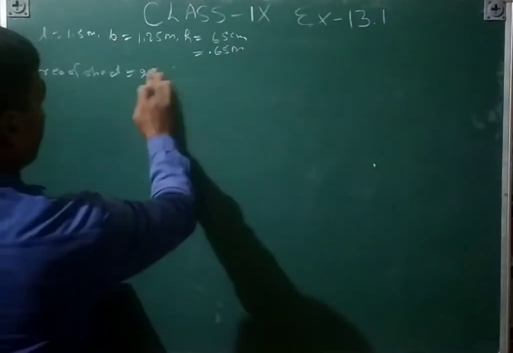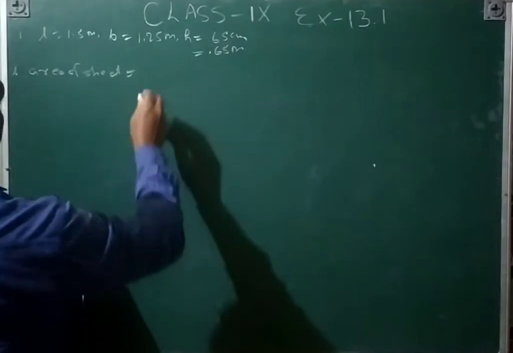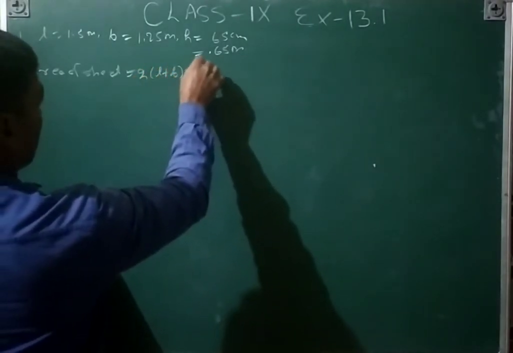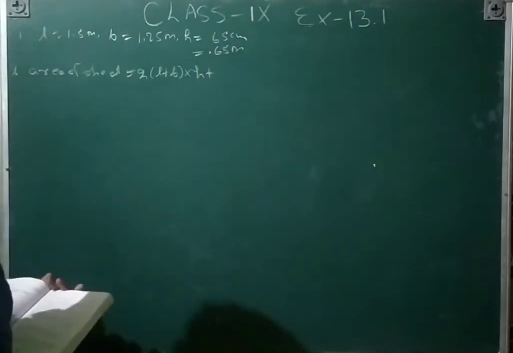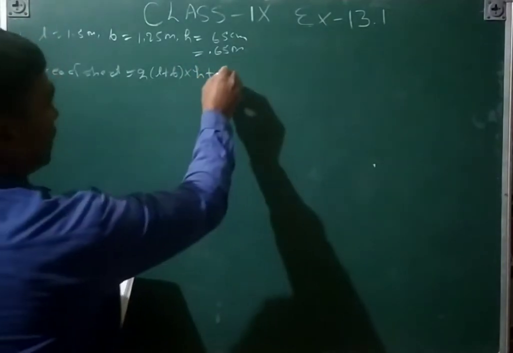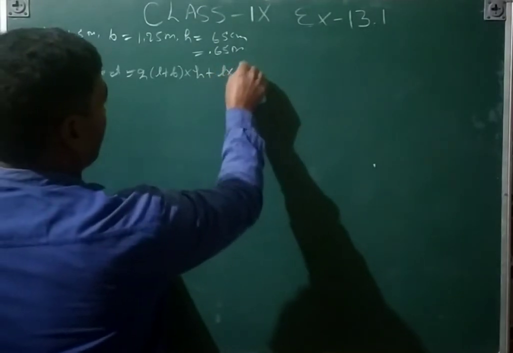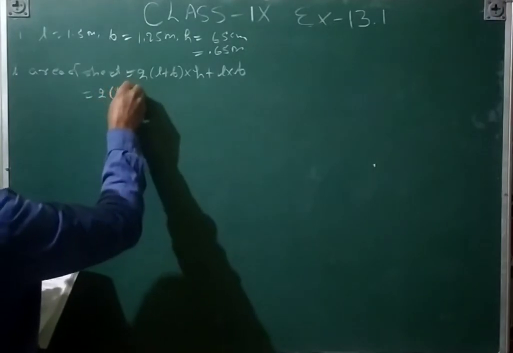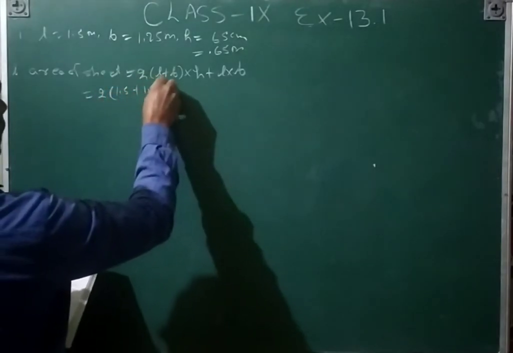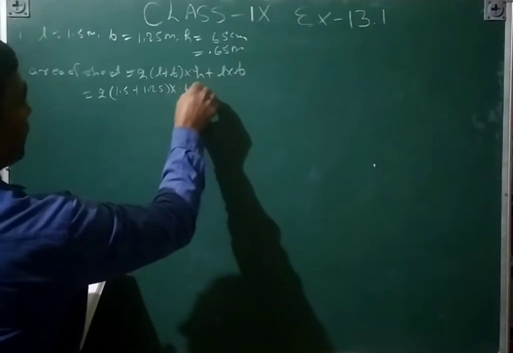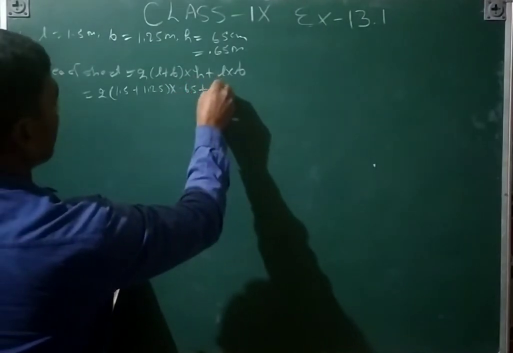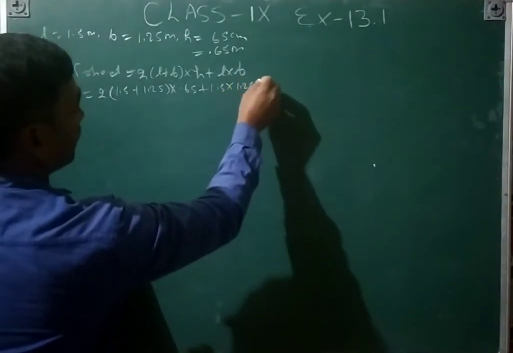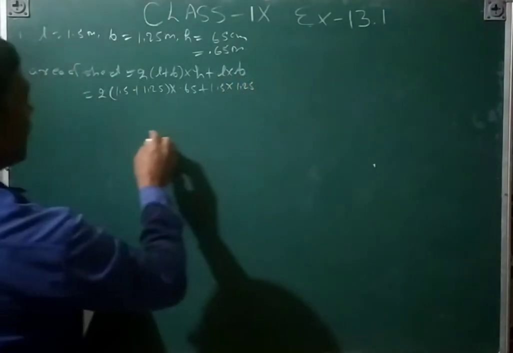Just wait, this is a cube, not a cylinder, so it will be 2 into L plus B into H for the open part, plus the base area L into B. So 2 bracket 1.5 plus 1.25 into 0.65 plus 1.5 into 1.25, not writing meter here.